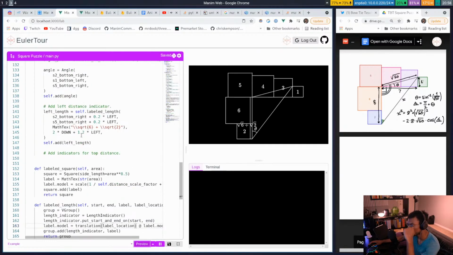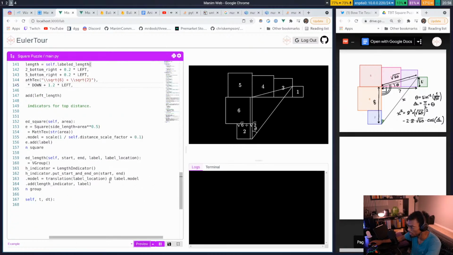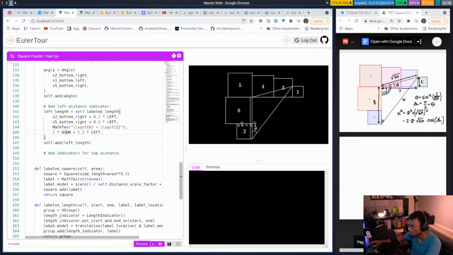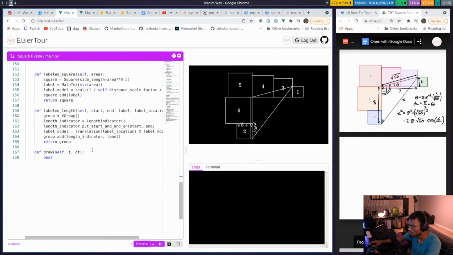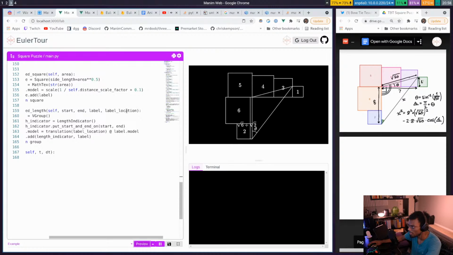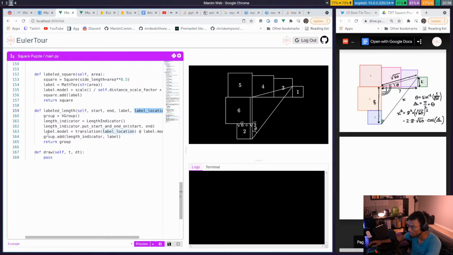I wonder why that offsetted it some. I guess it doesn't matter. That's kind of weird though. Label location. Why would this have no effect? Label.model.